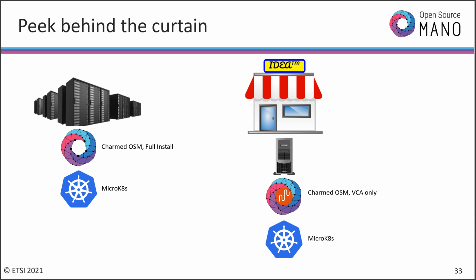On our edge site, Kubernetes has been installed on a single server, and OSM has been installed with the VCA only option. So that means that we're not installing a lot of software there. We're just installing a very lightweight component of OSM, and it is going to be talking directly to the Kubernetes cluster that is there.